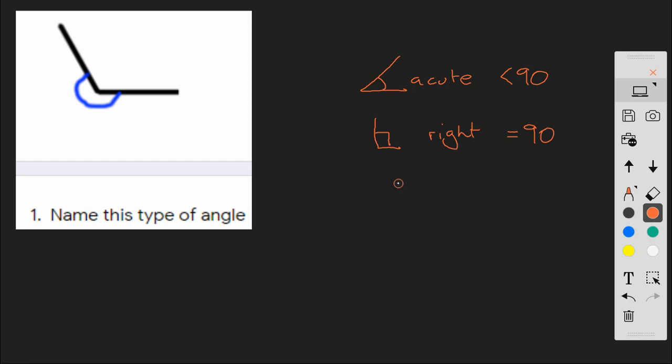A right angle, which is exactly 90 degrees. An obtuse angle, which is greater than 90, but also less than 180.